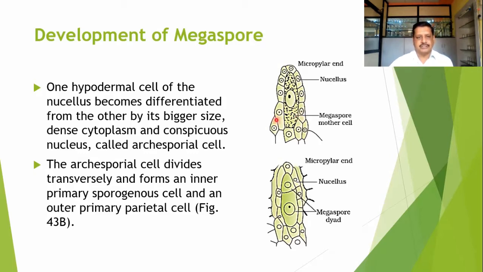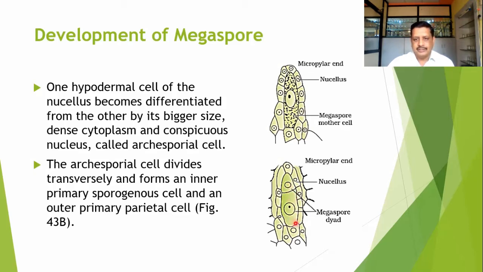This archesporial cell divides transversely. Here you can find the division has taken place, dividing transversely and forming the inner primary sporogenous cell and the outer primary parietal cell. Now the outermost layer is developed. These are the parietal cells, and centrally you can find the development of the sporogenous cells inside.